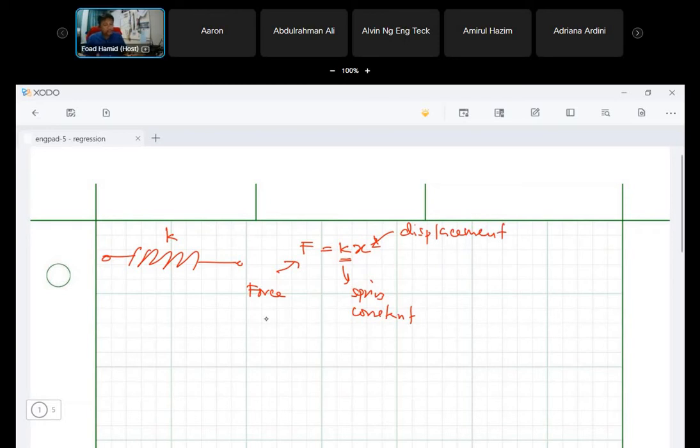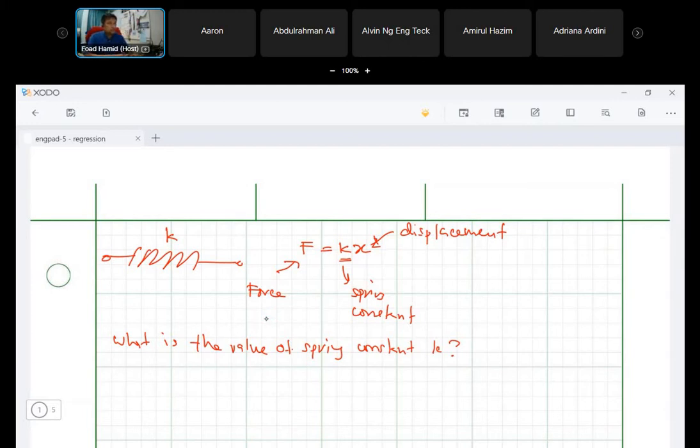Okay, the question is, what is the value of spring constant K? So how can we find this?